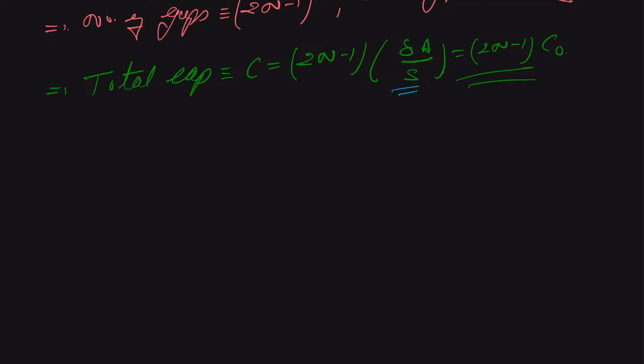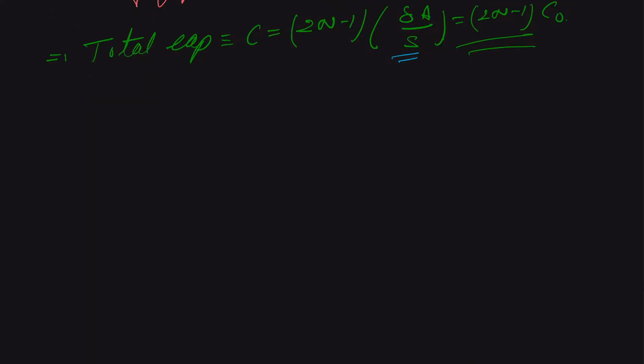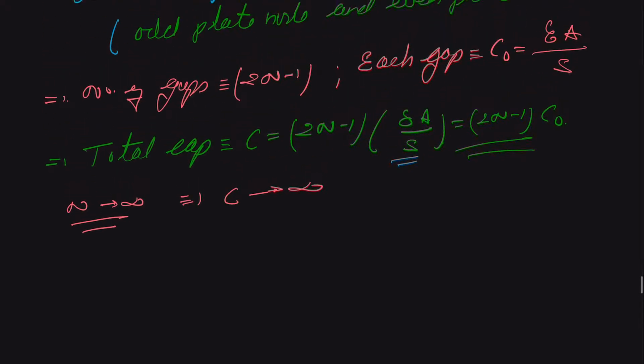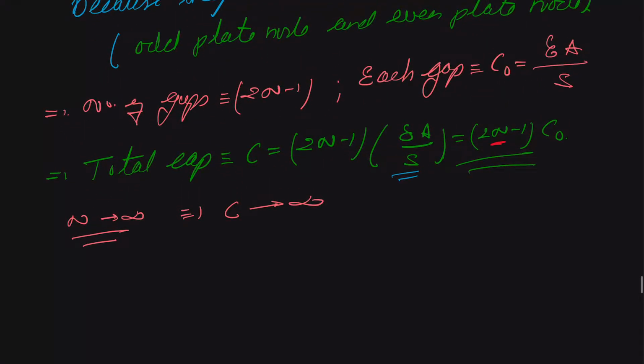And finally, we are interested in the limit n tends to infinity, which also tells us that the value of C will also go to infinity, because from the equation we can clearly see that C is directly proportional to n. So if n goes to infinity, the capacitance will also go to infinity.